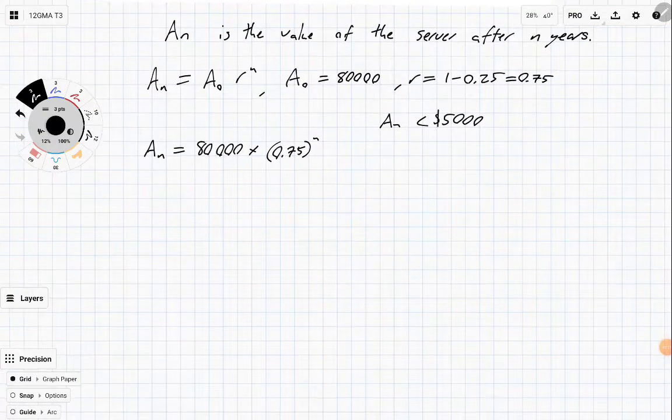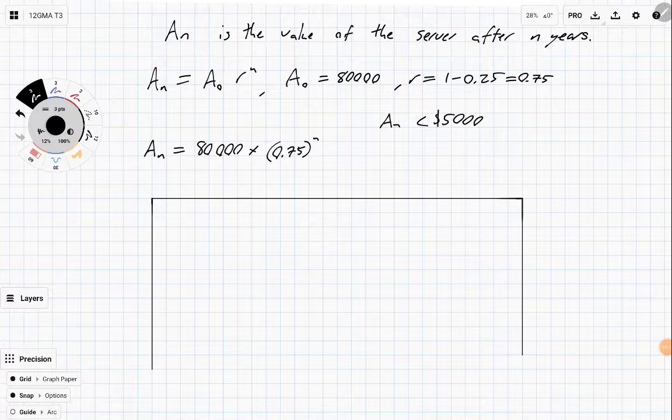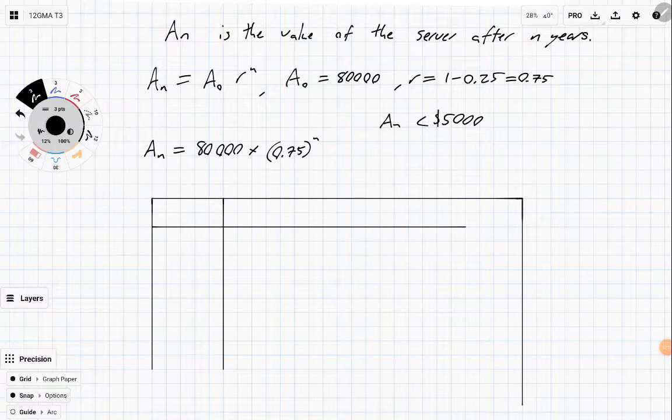Now all we want to do is create basically a table of values. Now I'm going to make a bigger table because I'm going to put the working out in my table as well. But over here we're going to have the years, which is just n, and over here we're going to have the value, which is A of n.